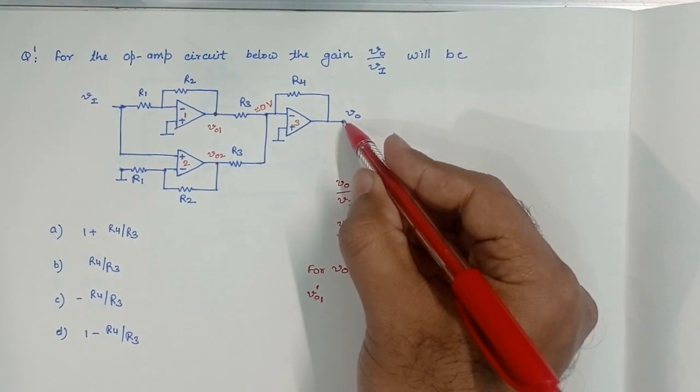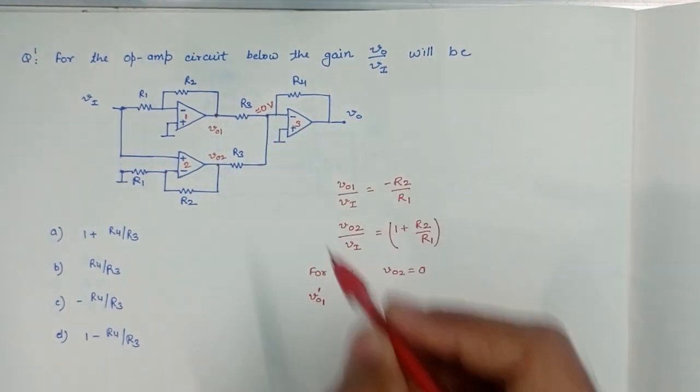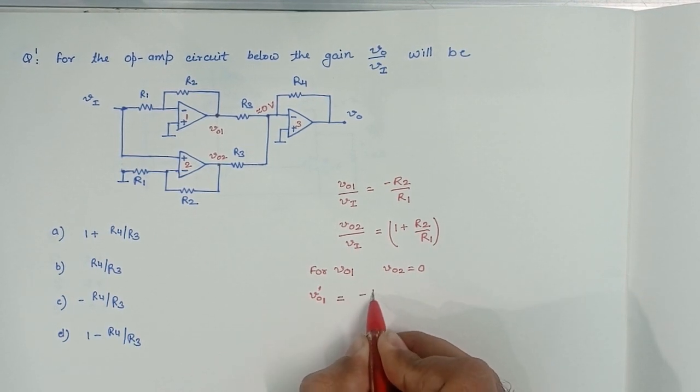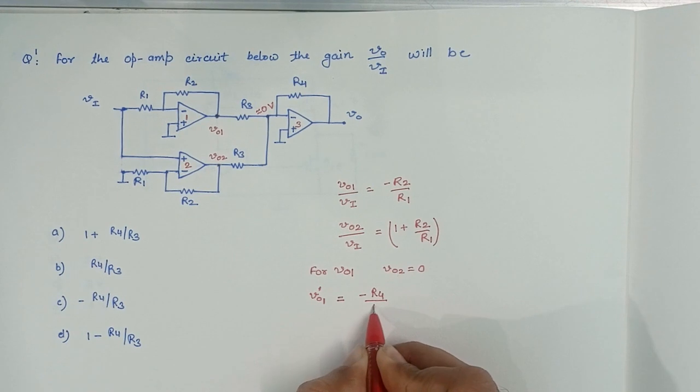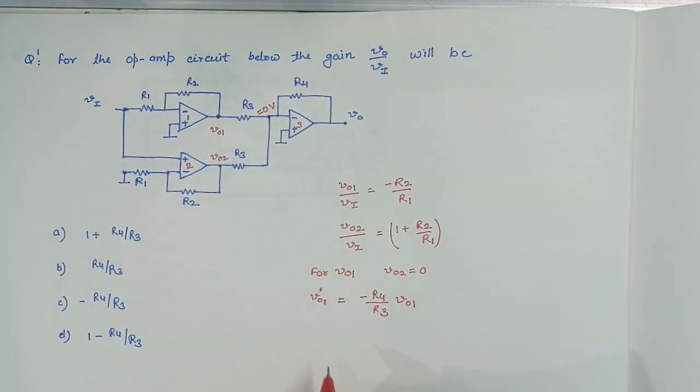The output voltage here due to the first voltage source V01 will be equal to minus R4 by R3 into V01.